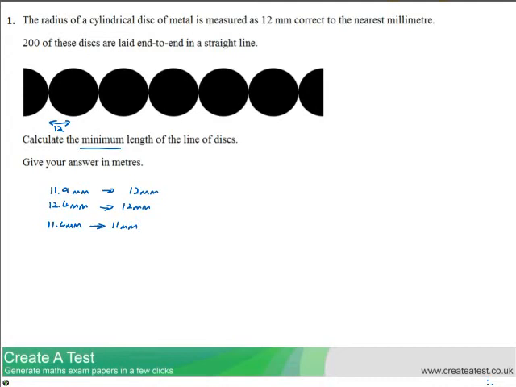So we've got to find the number that would be the changeover point between rounding up or down to 12 rather than going to 11 or 13. So that changeover point, well, we can think what happens when we have 11.5.